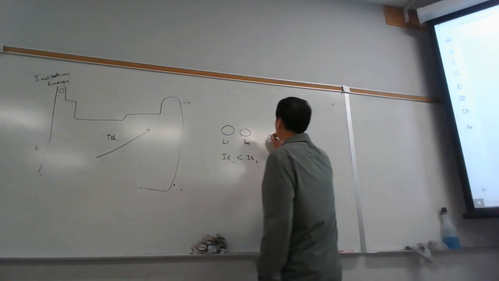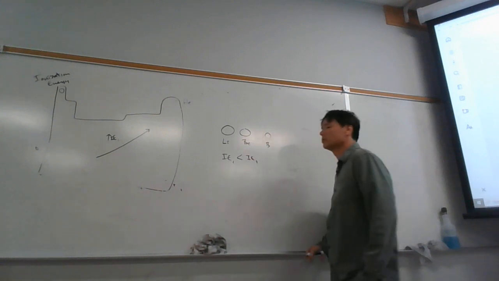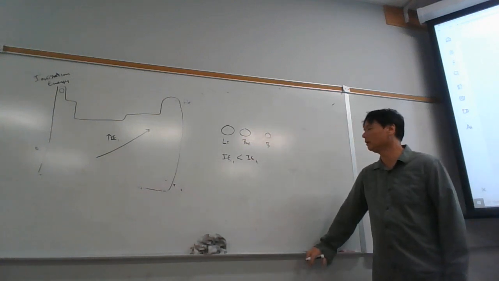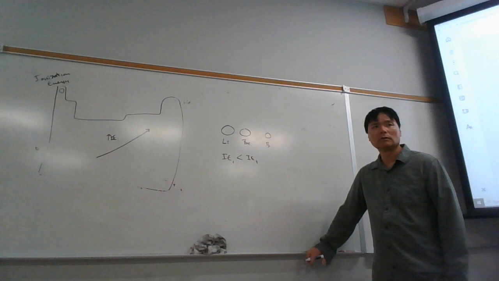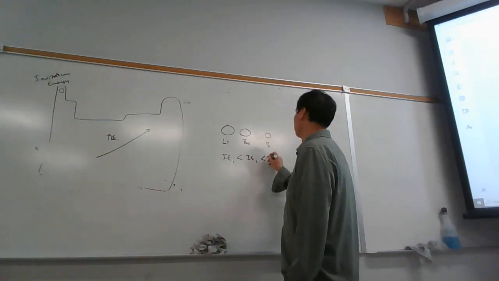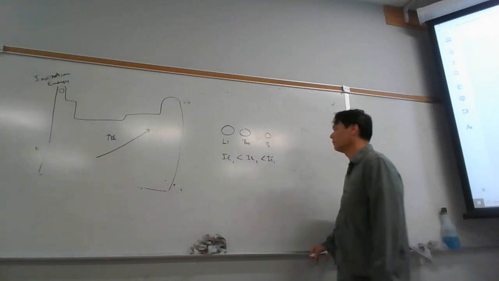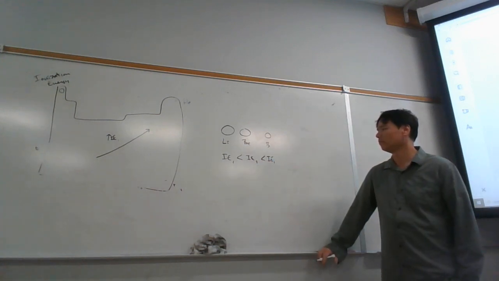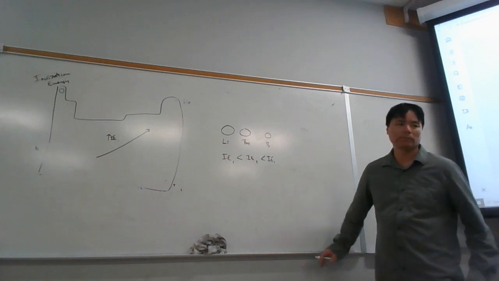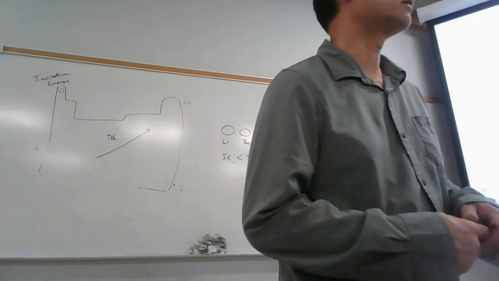And then we go to boron. Boron is smaller, so it should be harder to ionize. And so IE1 for boron should be greater than IE1 for beryllium. That's what we expect.